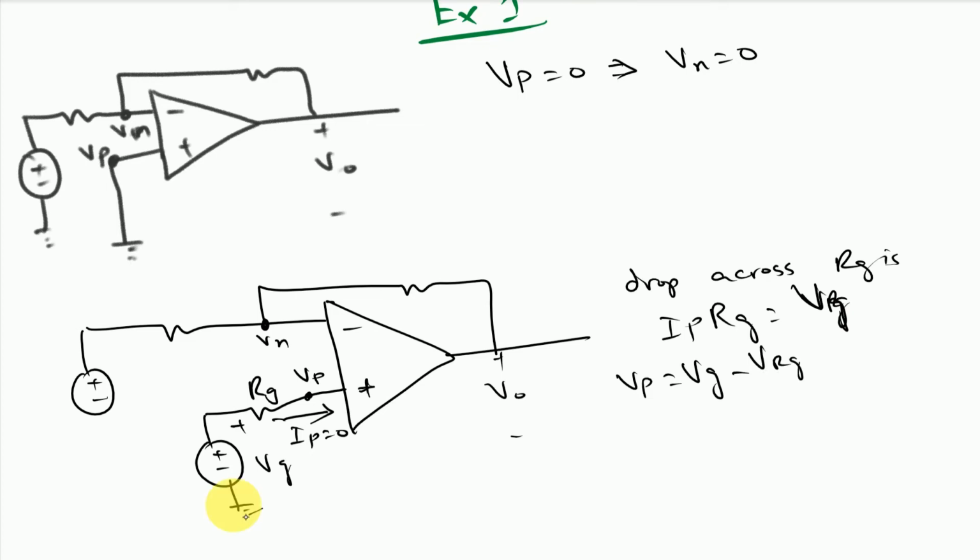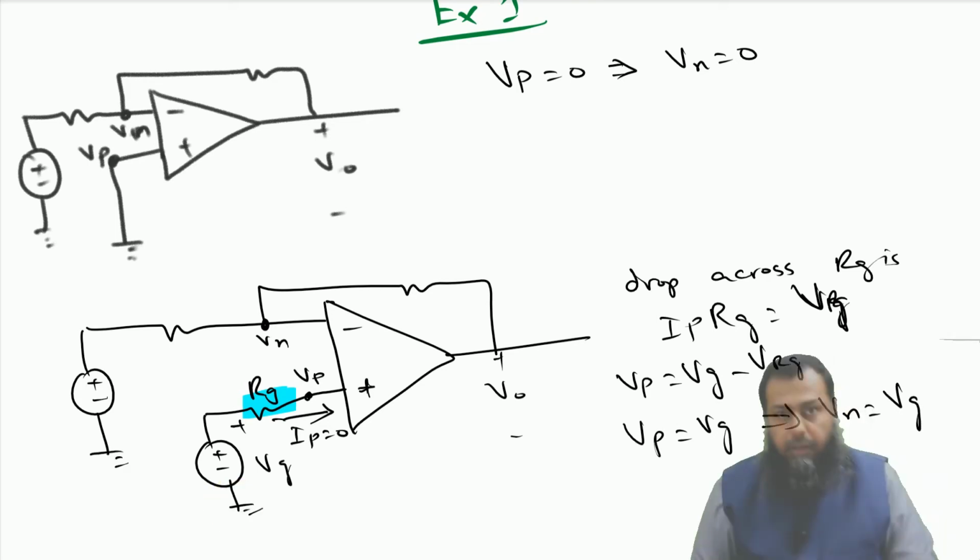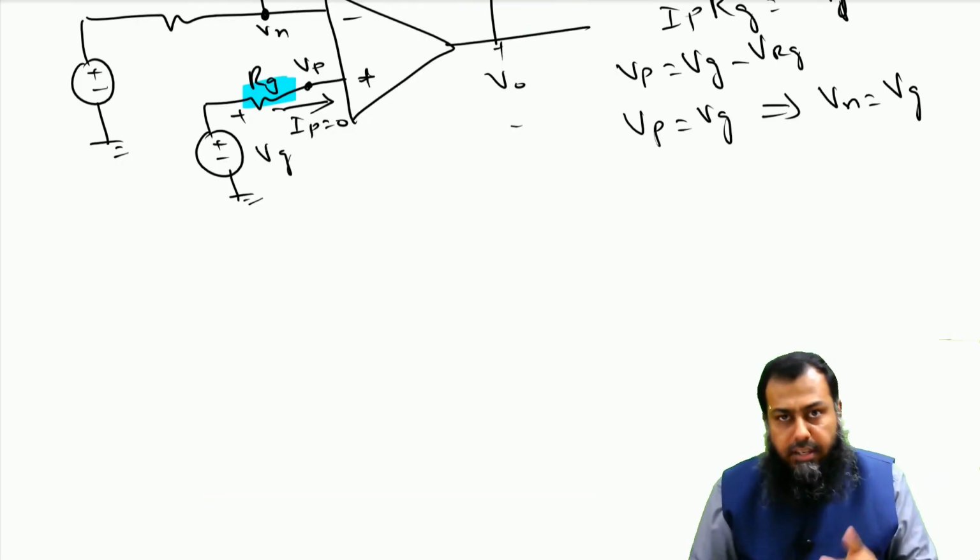Therefore Vp is equal to Vg, and this implies that Vn is also equal to Vg.